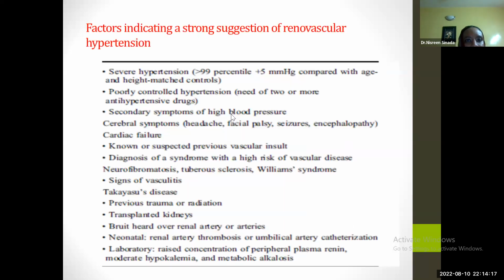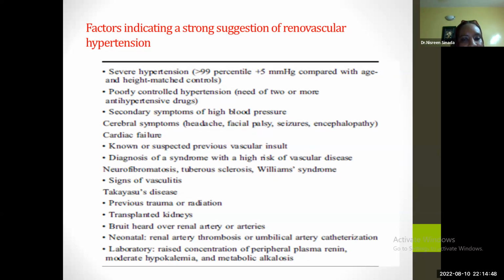Factors indicating a strong suggestion of renovascular hypertension: severe hypertension, more than the 99th percentile plus 5 compared with age. Poorly controlled hypertension, where you give 2 antihypertensive treatments or more and blood pressure is still not controlled. So think about renovascular hypertension, renal artery stenosis. Secondary symptoms of high blood pressure, known or suspected previous vascular insult.